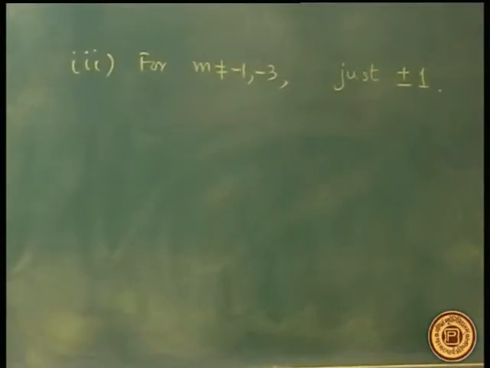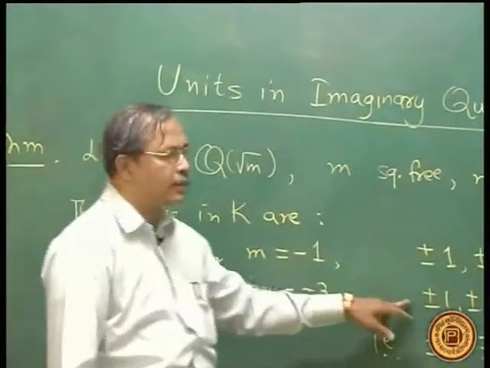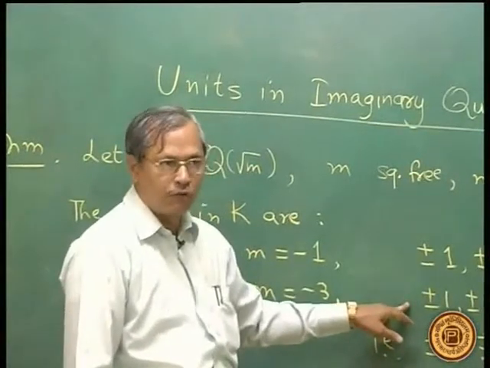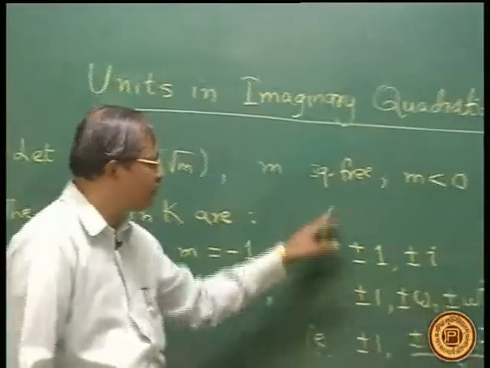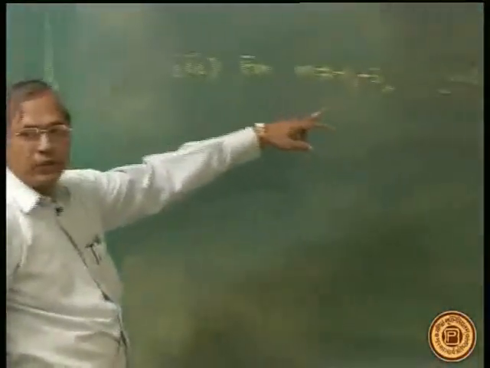They are the only units. So in the first case, m equal to -1, there are 4 units. For m equal to -3, there are 6 units. They are all roots of unity. These are 6th roots of unity. These are 4th roots of unity. And here we get just plus or minus 1.